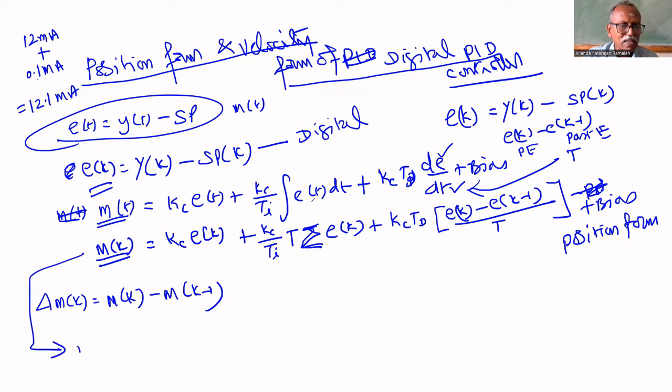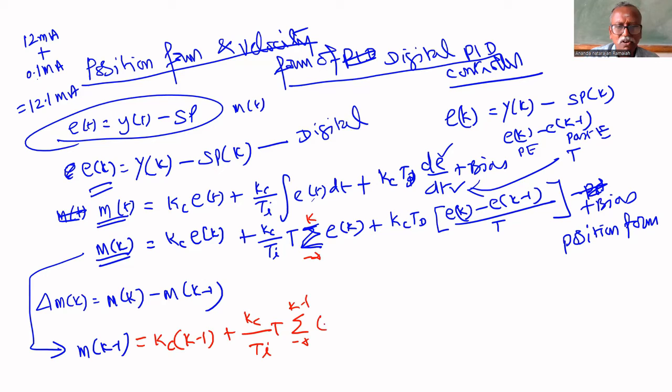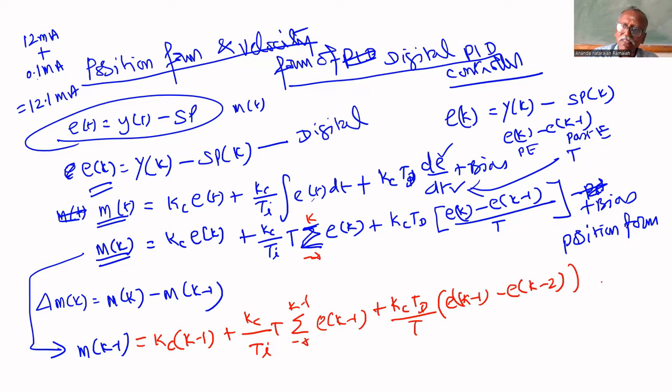From here we can write M of k minus 1 equal to Kc multiplied by E of k minus 1 plus Kc by Ti multiplied by T, the sum from minus infinity to k minus 1, because it is the previous controller output, plus Kc Td divided by T, E of k minus 1 minus E of k minus 2, plus bias.